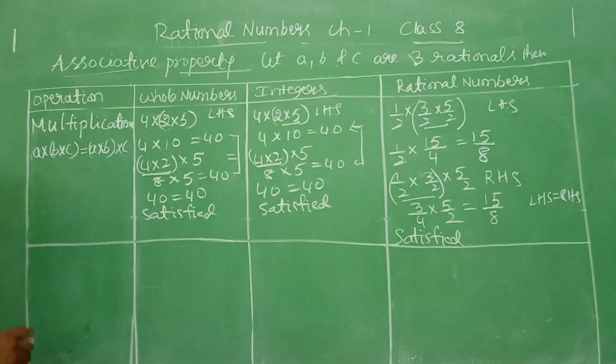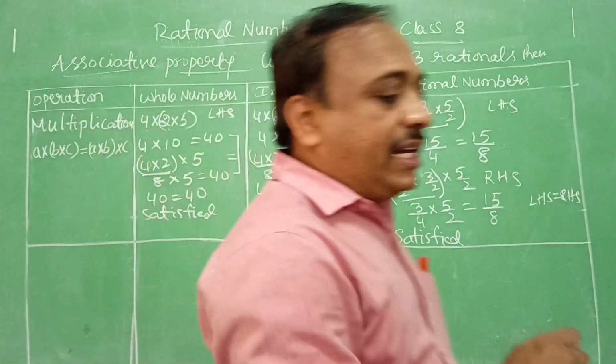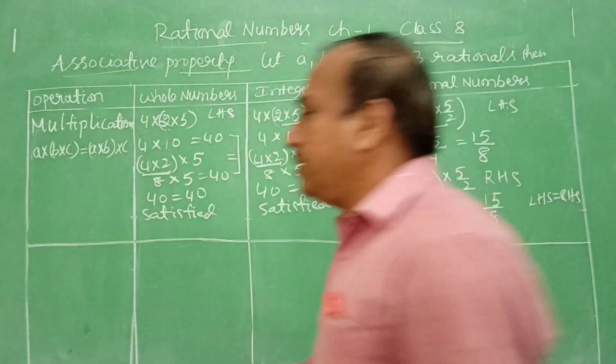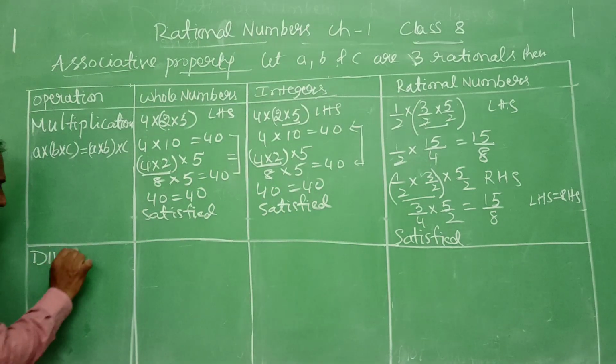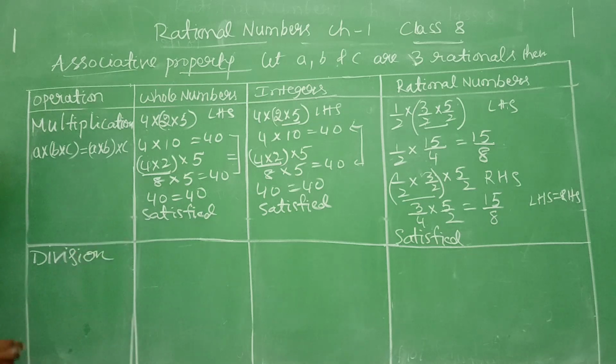Now we verify for the division of rational numbers. So that is division of associative property. Under division, we check it for division.